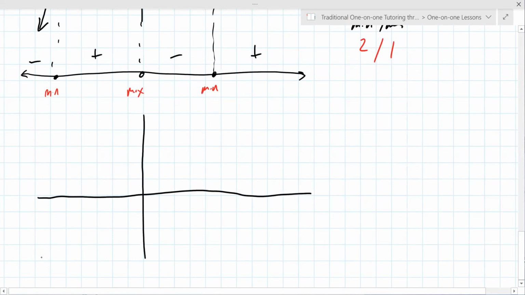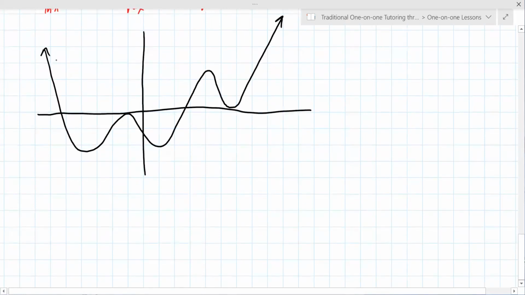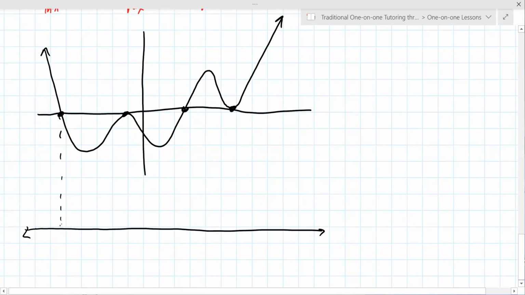Okay, so let's say you come down, touch, come down, touch, and go back up. Okay. So there's two critical points only? There's more than that. Anywhere it touches or crosses is one. Oh, one here.